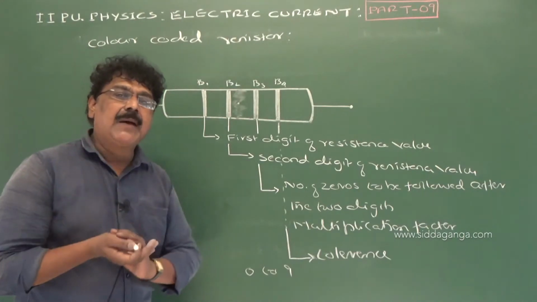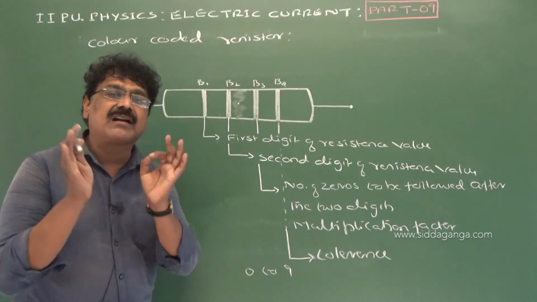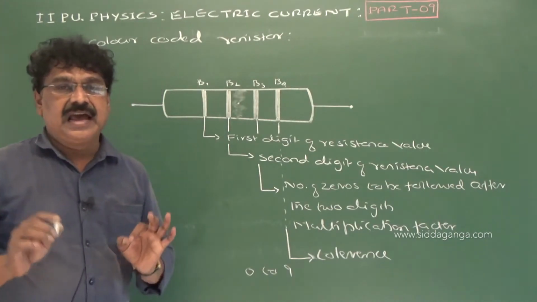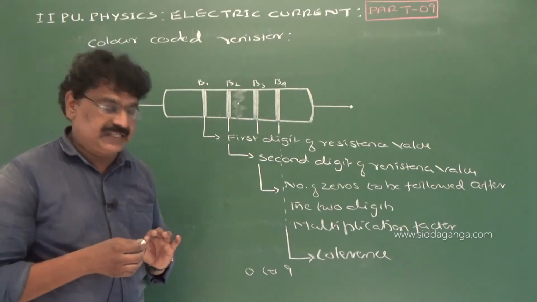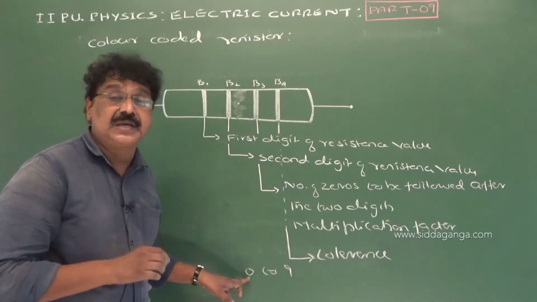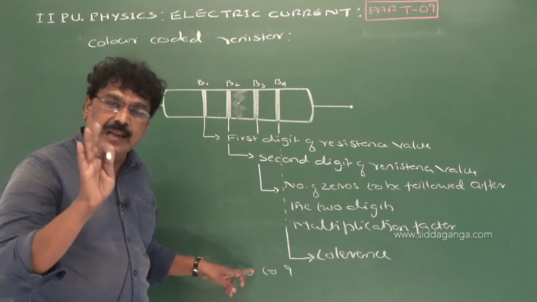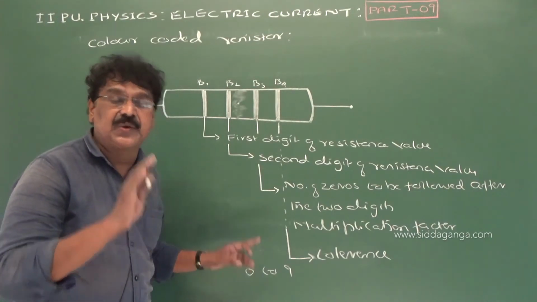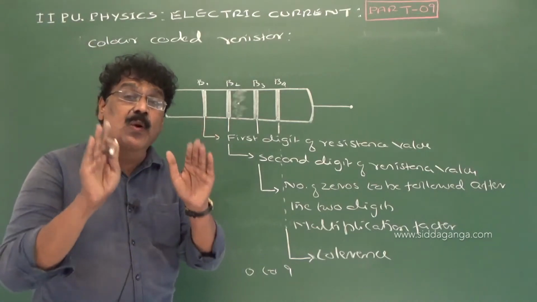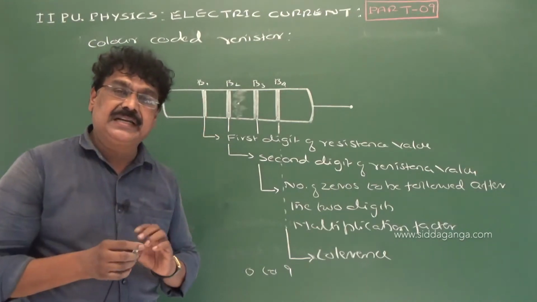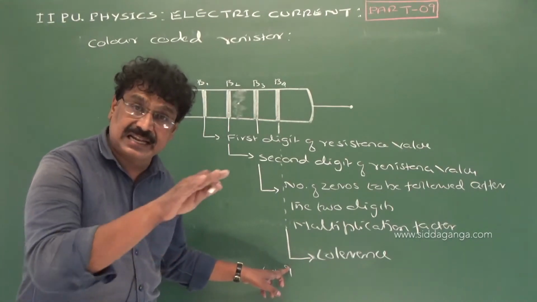Among the colors, black is the darkest color, and that represents the least value of digit, that is 0. The darkest color represents the lowest digit 0, and the brightest color, white, represents the highest value of the digit, that is 9.